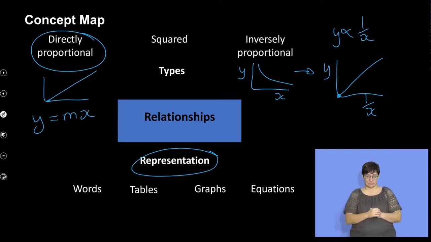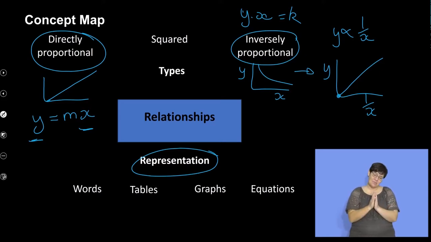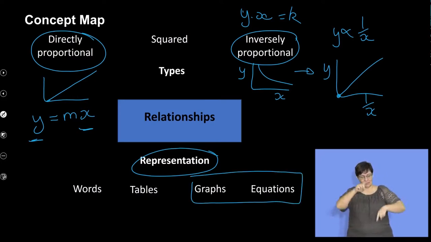When you've got an equation where y times x is equal to a constant, then that's inversely proportional. Guys, this is so important that you get this right. So please pay attention, practice lots, and make sure that you've got this very clearly sorted out. In that way, we can relate the graphs of different relationships to their equations.